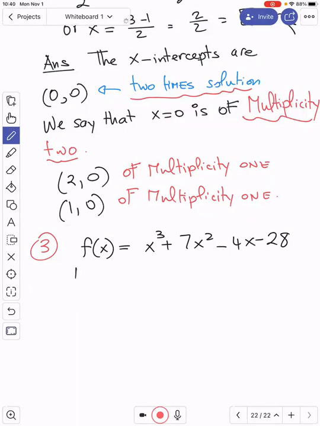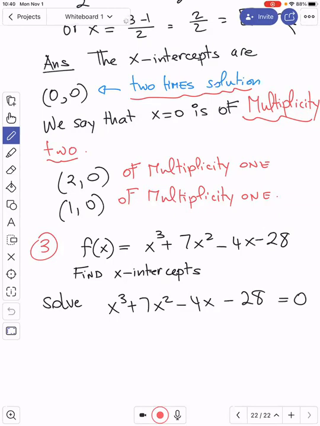And of course, we need to find the x-intercept. So we need to solve x cubed plus 7x squared minus 4x minus 28 equal to 0.